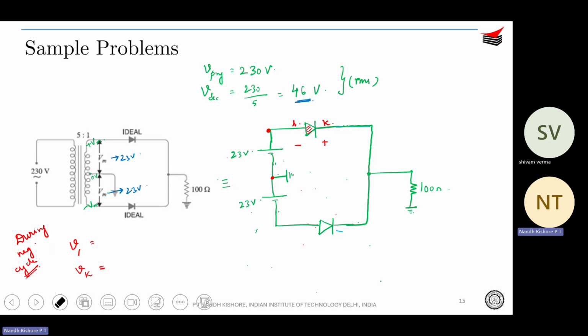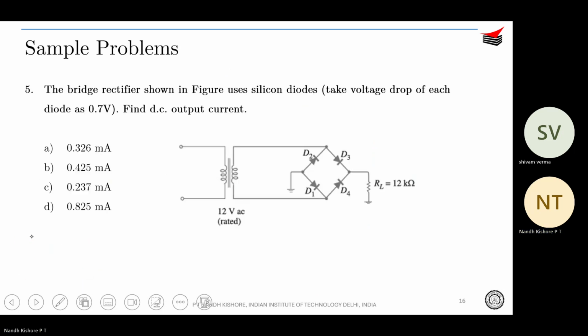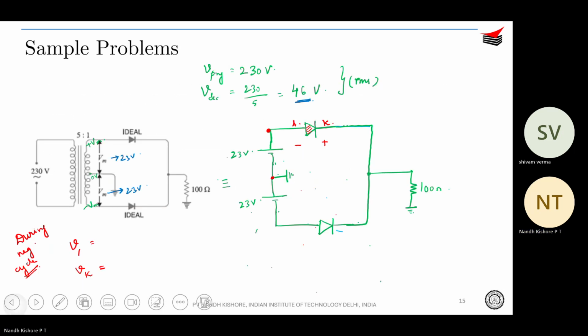So this is during the positive cycle. Let's see this. During the positive cycle, your VA is going to be how much?